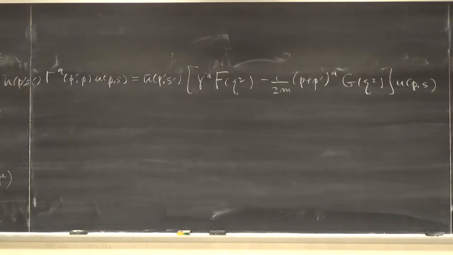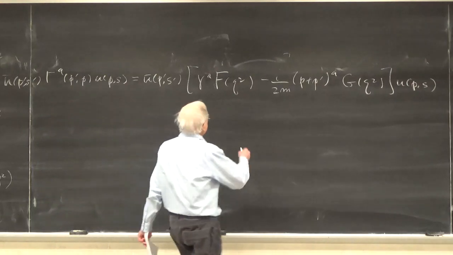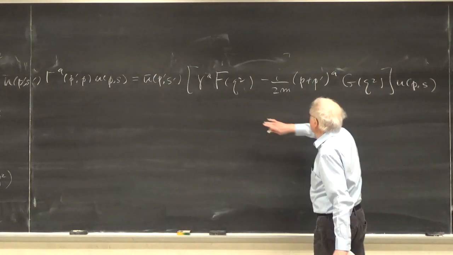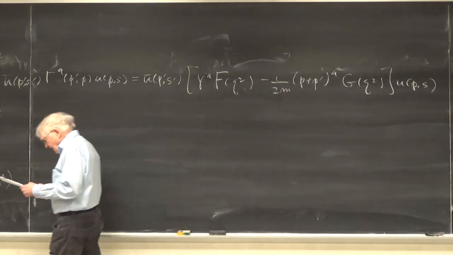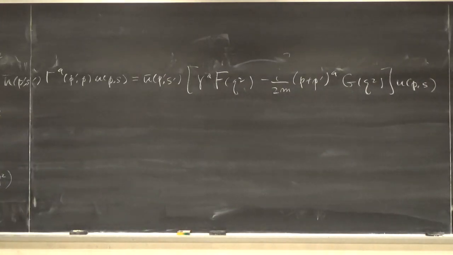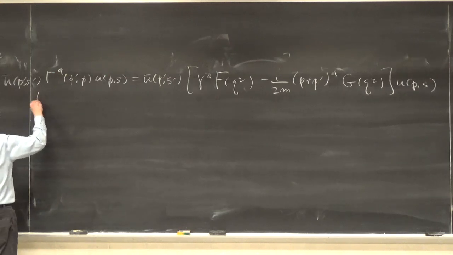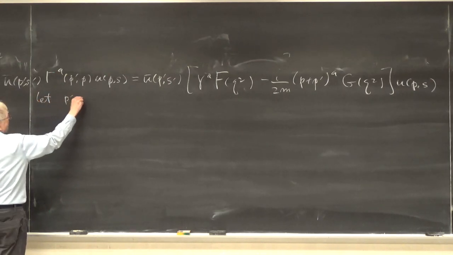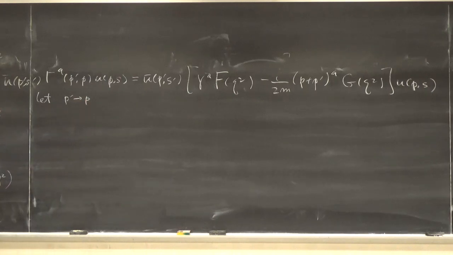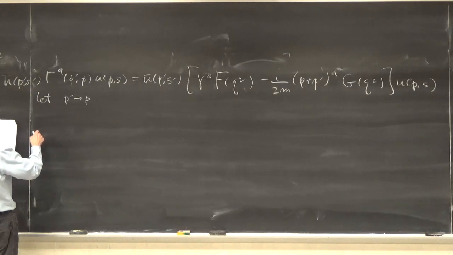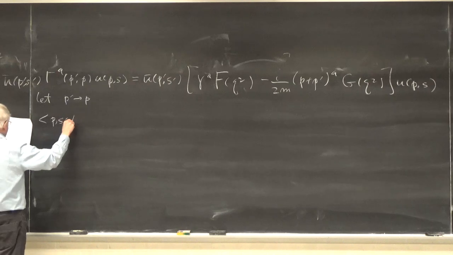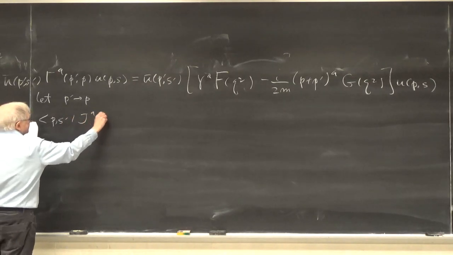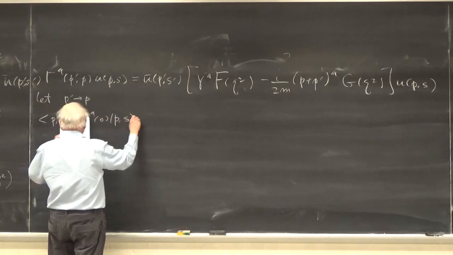Okay, so this is our expression, and by Lorentz invariance, reality, and current conservation, f and g are called form factors. And if we now let p′ approach p, just to see what happens, what we get is ⟨p,s′|J_A(0)|p,s⟩.